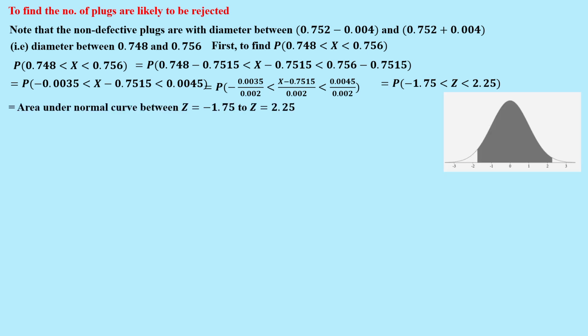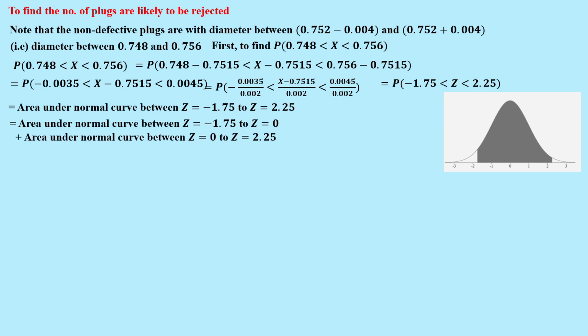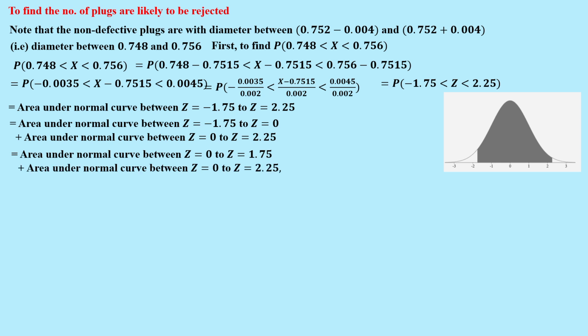So we are splitting the area: first the negative area, minus 1.75 to 0, then 0 to the positive area 2.25. But the negative area, z from minus 1.75 to 0, is equal to the area under the normal curve from 0 to plus 1.75, because of the symmetry. So the area under the normal curve from 0 to 1.75 plus the area under the normal curve from 0 to 2.25.